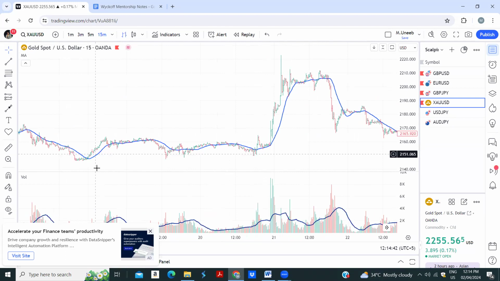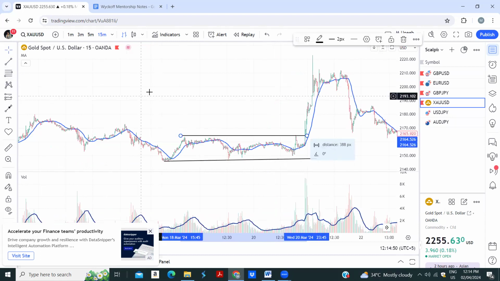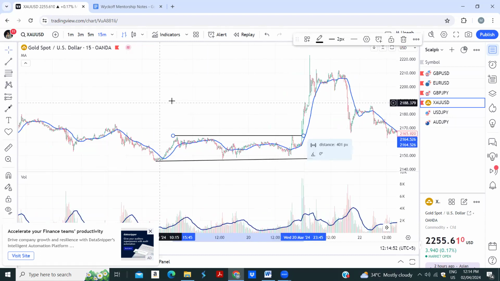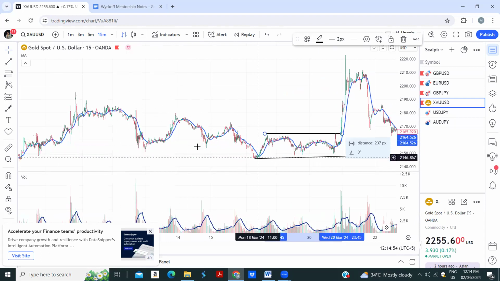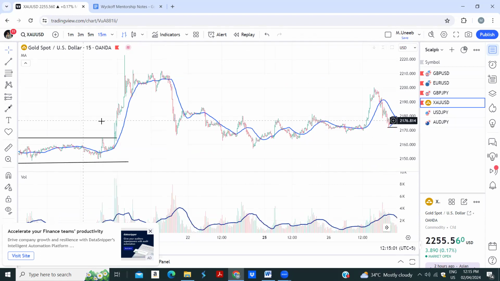Let's suppose here, this is accumulation. You can see that this was a downtrend, so this was a markdown. After markdown, this is accumulation. After accumulation, this is markup.